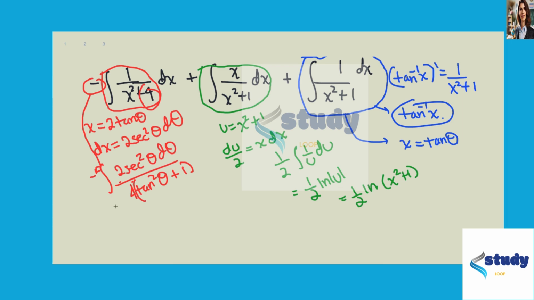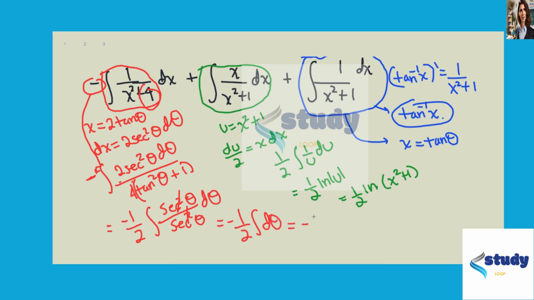And then we know, let's pull out the 1/2. We have secant squared and then tan squared plus 1. We know that's secant squared. That's one of your Pythagorean identities. Let's cancel those secant squared terms. You get negative 1/2 integral d theta. That's just negative 1/2 times theta.